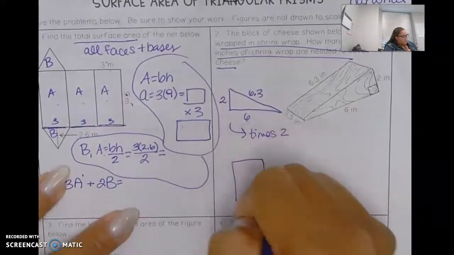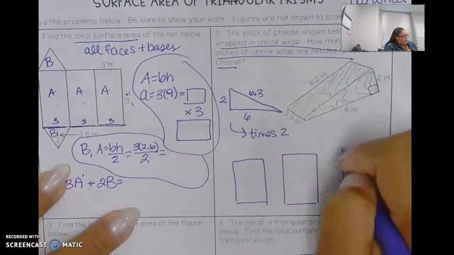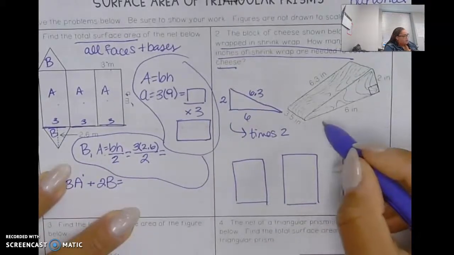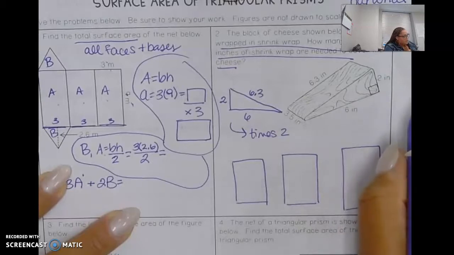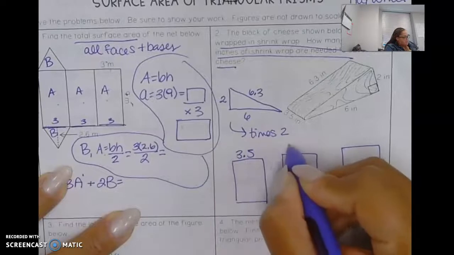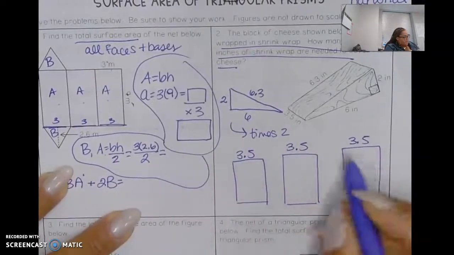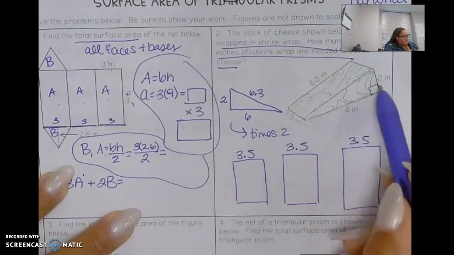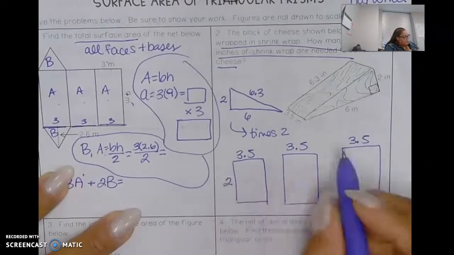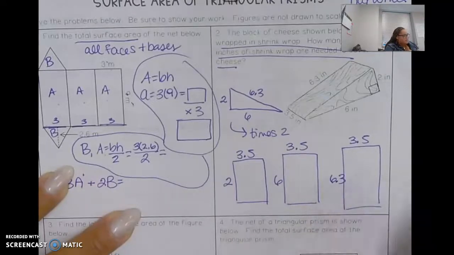So here's one rectangle, here's another, and here's another. All of the heights on the rectangle should be 3.5, or the bases. Okay, so there's a 3.5 by 2, there's a 3.5 by 6, and there's a 3.5 by 6.3.